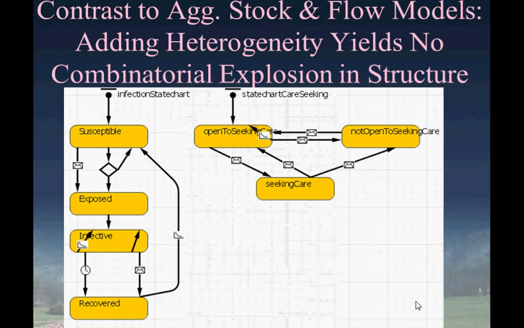And it turns out that this will allow us to avoid a lot of complexities that would confront us if we were sticking with a system dynamics model. Let me ask you this. Suppose we had a system dynamics model where we had susceptible, infective, and recovered individuals, S, I, and R. We saw that before.